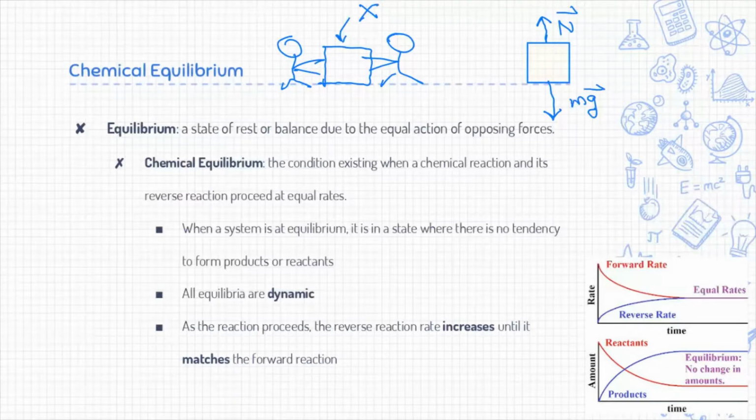Now, there is a trap that a lot of people fall into when we talk about equilibria, and that is, if a reaction is in equilibrium, does that mean that the reaction just stops? I think I've spoiled the answer to you, but the answer is no. All chemical equilibria are dynamic, and what I mean by dynamic is that, as you can see in this graph here, the forward rate and the reverse rate do not approach zero.